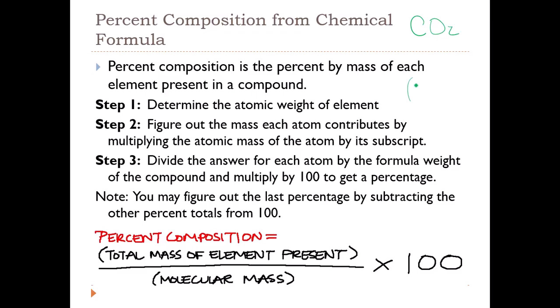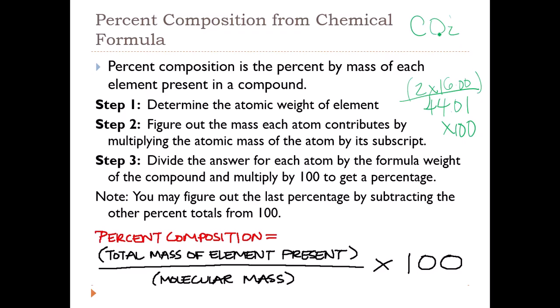Take 2 times oxygen, which is about 16, divided by the total, times 100. This is the mass due to oxygen. So 2 times 16 divided by 44.01 times 100. About 72% of the mass of carbon dioxide is due to oxygen.